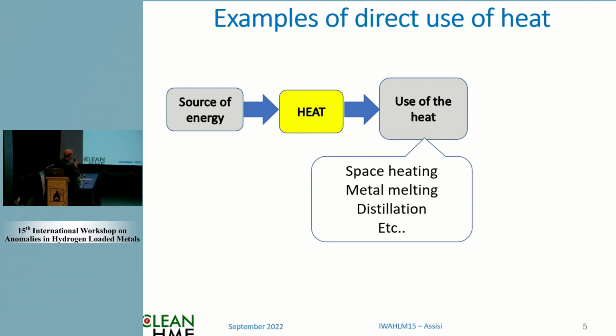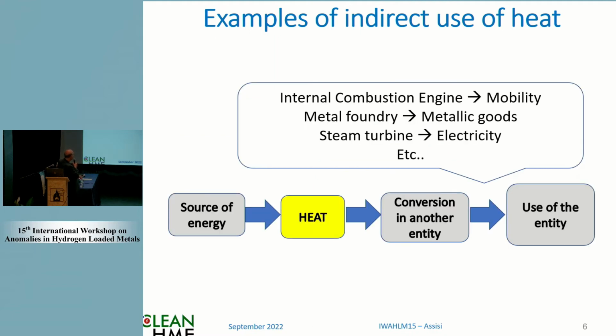An example of direct use is space heating, metal melting, distillation, and things like that. An example of indirect use is again mobility. When you use an internal combustion engine, if you use metallic goods, it went through a metal foundry, melted at high temperature. When you use electricity, there is a steam turbine that was heated up, etc.